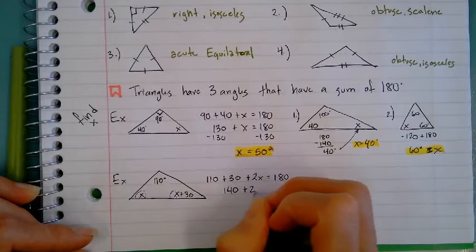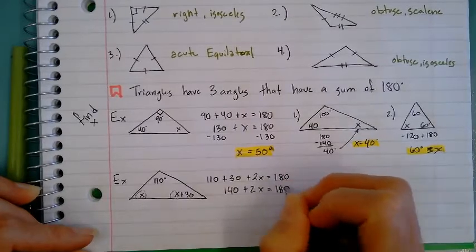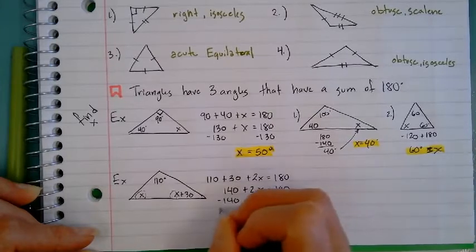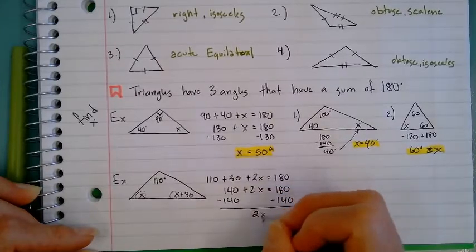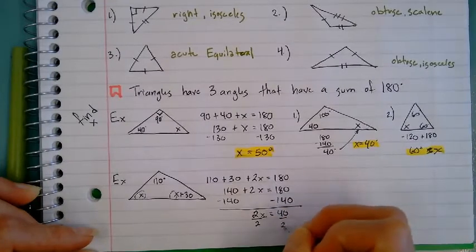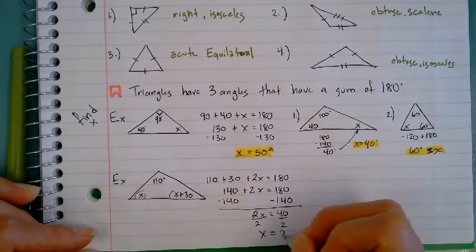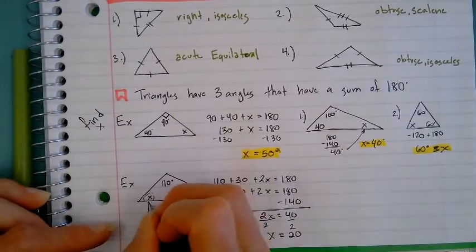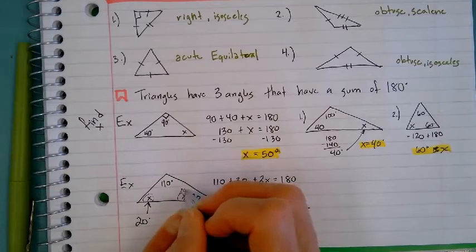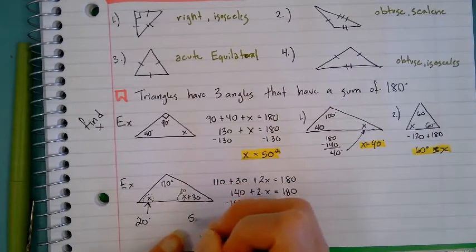And then if I solve this 2-step equation, I start off by subtracting 140 from both sides. I get 2x equals 40. Divide both sides by 2. And x equals 20. That means that that angle is 20 degrees, and this is 20 plus 30, so that angle has to be 50 degrees.